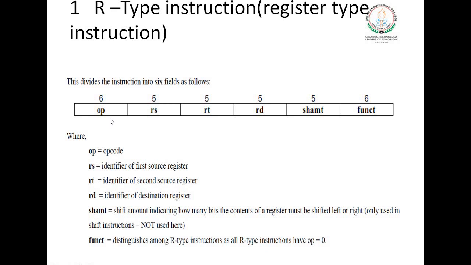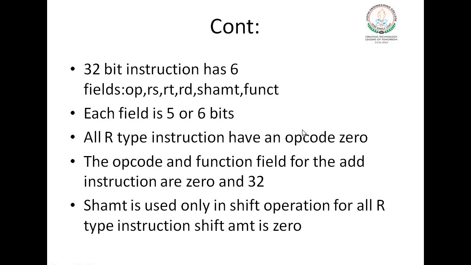Then we have 6 fields. First one opcode, RS, RT, RD, shift amount, function field. All R-type instructions have an opcode 0.